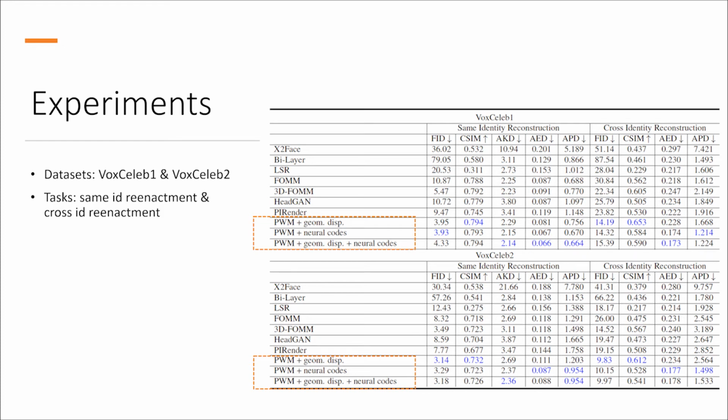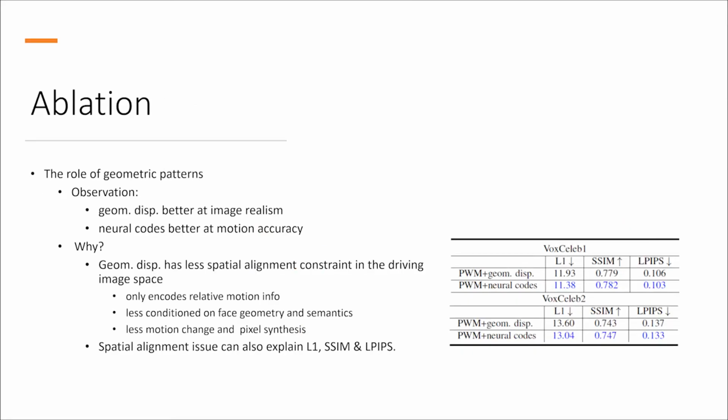For example, PWM plus geometric displacements in the table generally has better numbers for FID and CSIM, while PWM plus neural codes has better numbers for AKD, AED, and APD, which are the metrics for key point, expression, and pose accuracy. We believe this is because geometric displacements have less spatial alignment constraint in a driving image space.